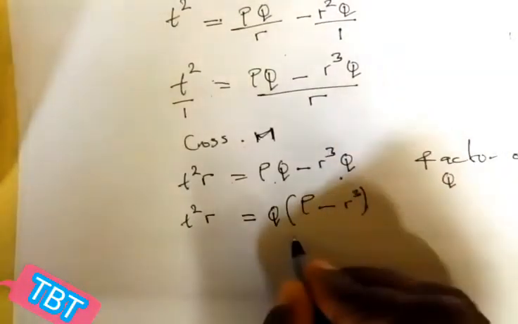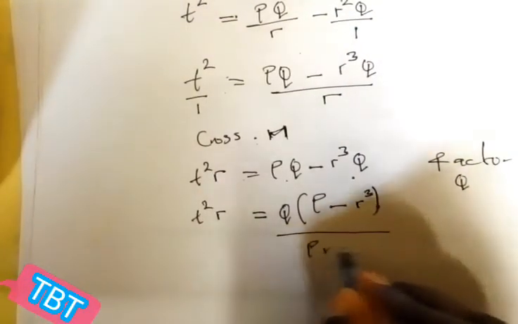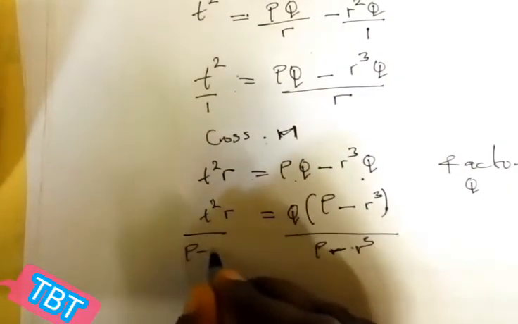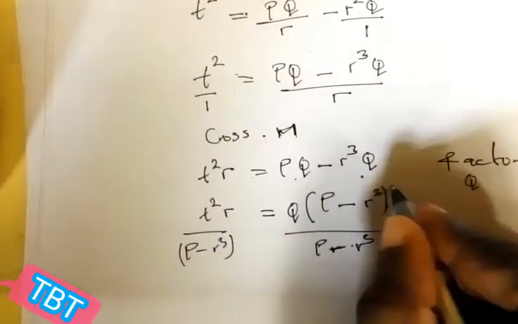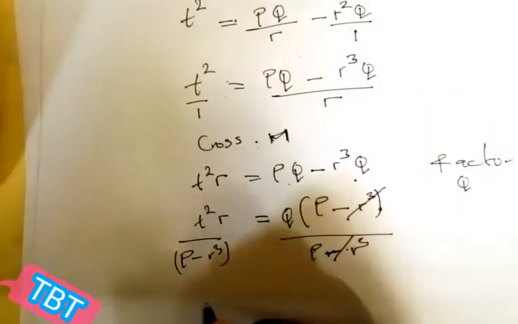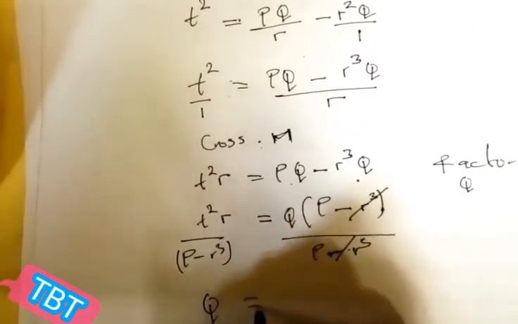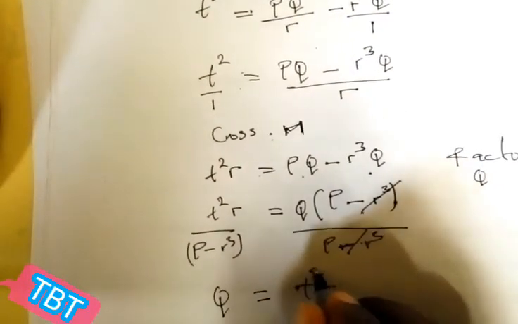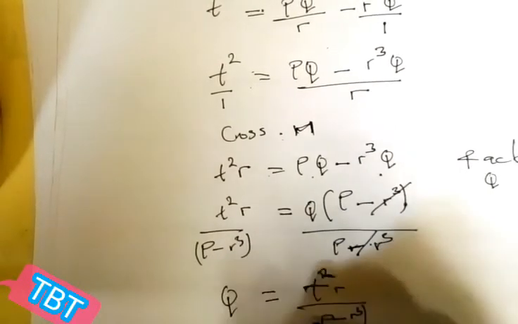Now what do I do next? Just divide both sides by P minus R cube. This cancels this, so my Q is equal to T squared R all over P minus R cube. This is just my answer.